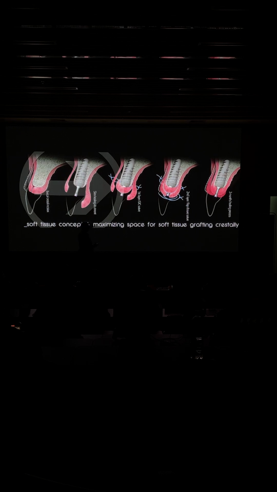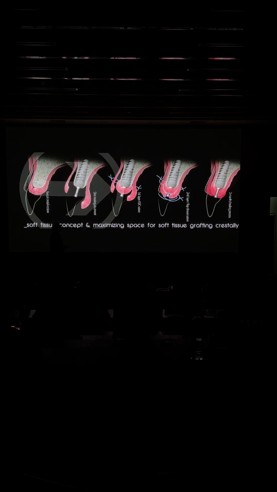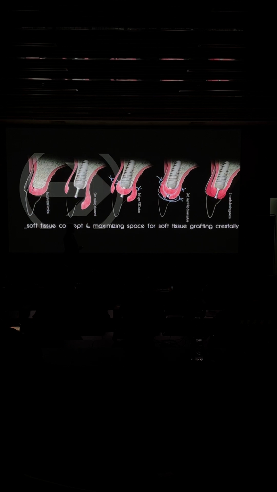Because if you have placed the implant deeper, because maybe you have increased the bone, the bone can grow on top of it, and if you leave it for 6 months, it would be impossible for you to remove the healing abutment. So this technique works only for 3 months.